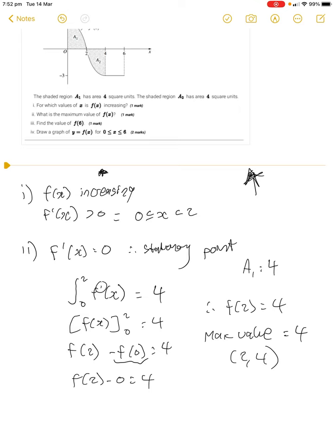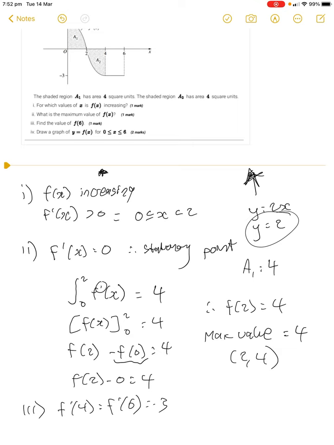Because if the graph of the derivative is straight, we know the gradient is constant at that point, like a linear graph of y equals 2x differentiates to the gradient 2. So f dash of 4 is the same as f dash of 6. And what do we know that is equal to? It's equal to -3, which is the value of my gradient at that point.